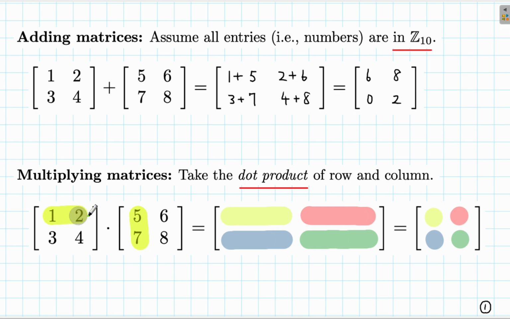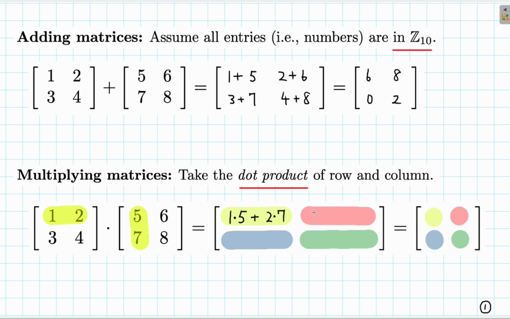So it's always going to be the row of the first matrix and the column of the second matrix, and then take their dot product. So what do we mean by that? Well, it's 1 times 5 plus 2 times 7. And that's the yellow entry.